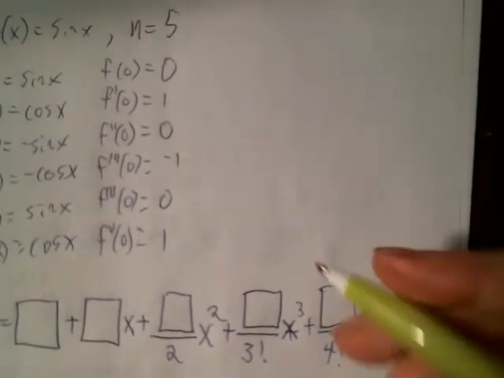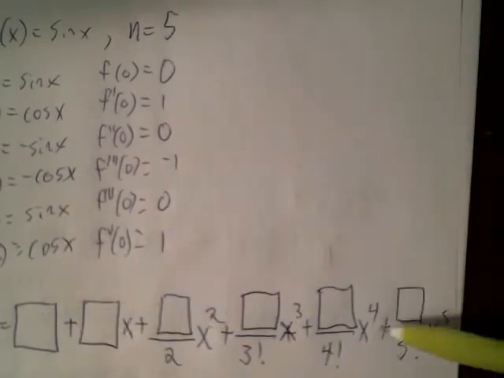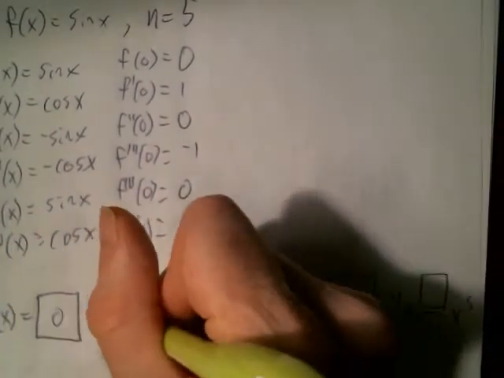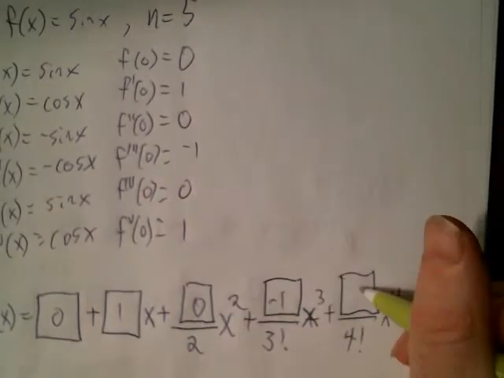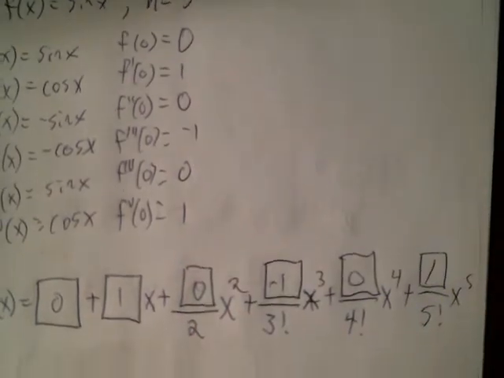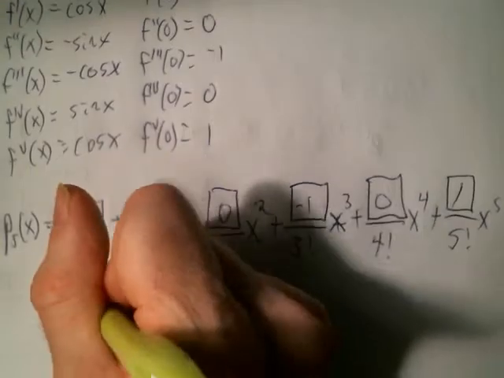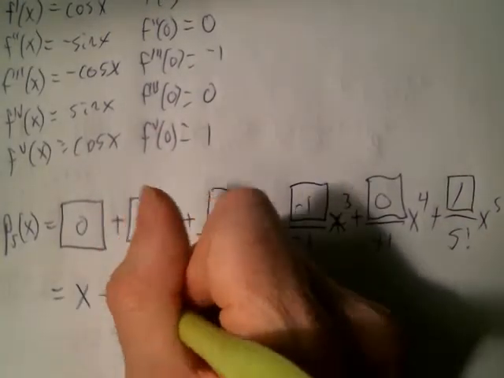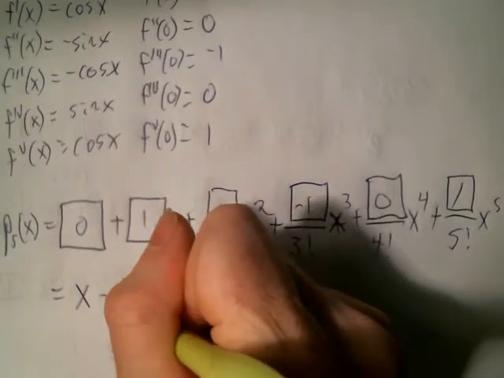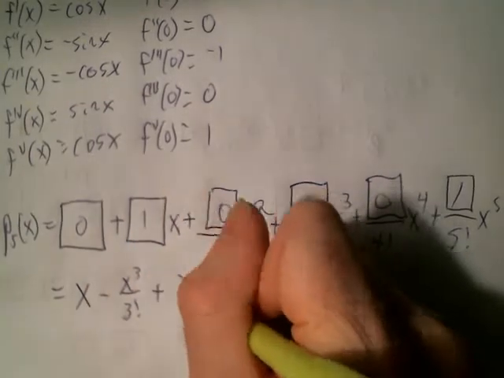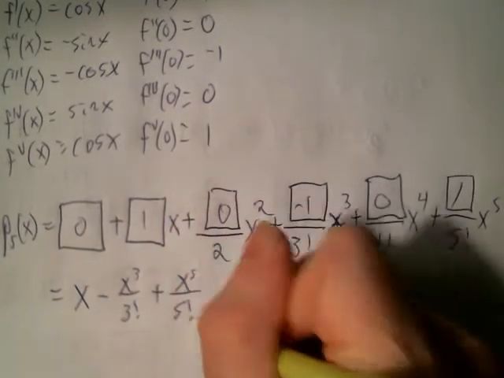Right, and then it's just copy and paste, put all of these in here. So 0, 1, 0, negative 1, 0, 1. And, you know, you clean it up a little. So x minus x cubed over 3 factorial plus x to the 5th over 5 factorial.